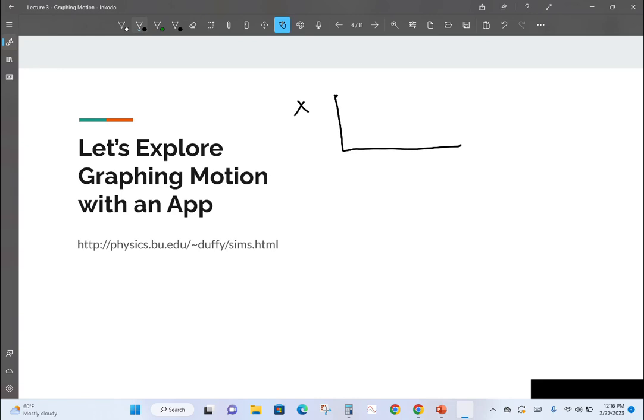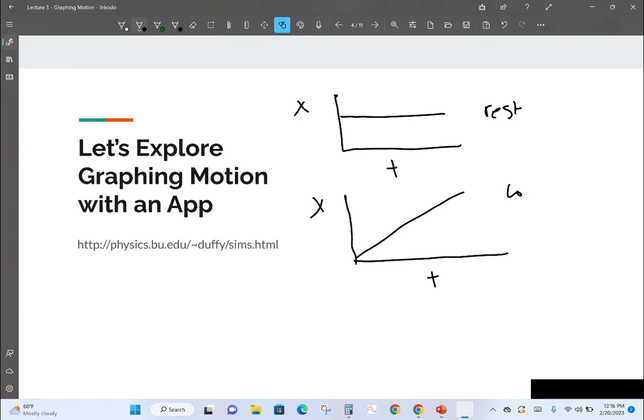If we have an xt graph that is flat, it's at rest. If we have an xt graph that is linear, it's traveling at constant speed, and the slope is equal to its speed.